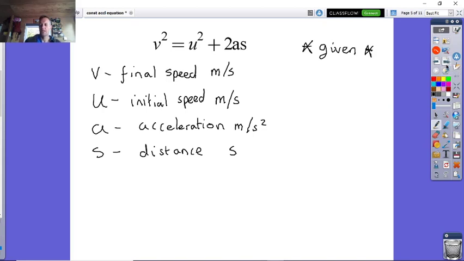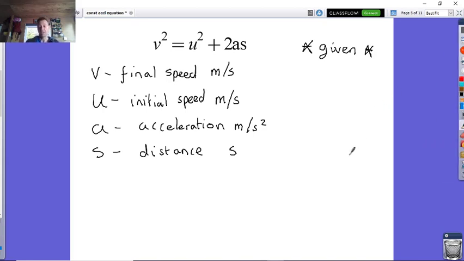So, how do I use it? Well, if you ever go to Kathmandu, which is in the middle of the Himalayas, there is basically a runway there, and where the runway ends is a massive cliff. As the aeroplane comes in to land on this runway, they will know the deceleration, that a, and they know the speed it is coming in at, and obviously it wants to stop, so your final speed is going to be 0.